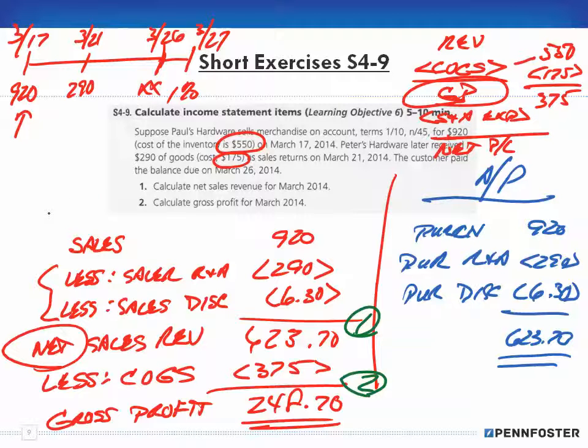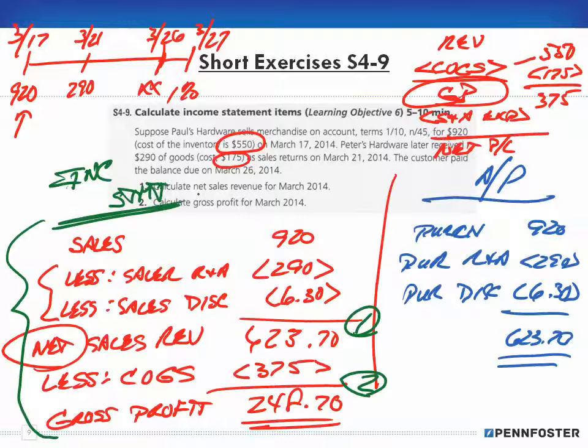Just realize that I had said accounting is cumulative. Notice what you have here. This is all part of the income statement. This is not a separate entity from what was learned in chapters 1, 2, and 3. Sure, chapters 1, 2, and 3 are about bookkeeping, but now you're starting to fill in the framework and structure that you learned in bookkeeping. You're starting to add detail to those different sections.